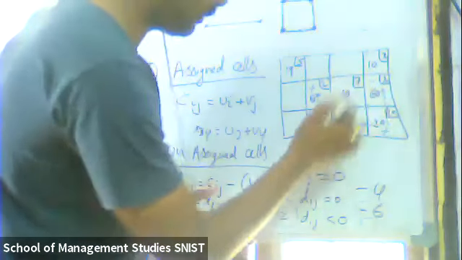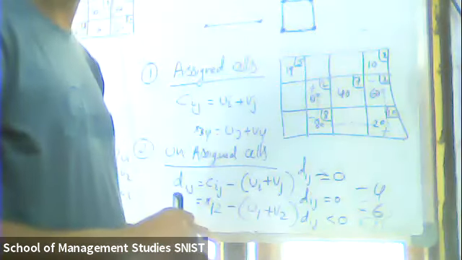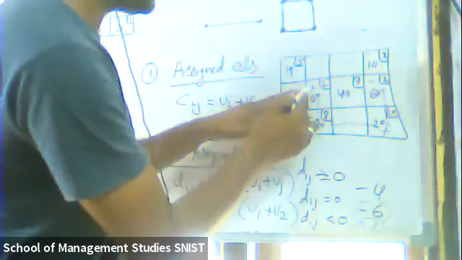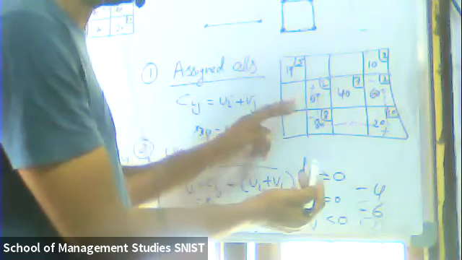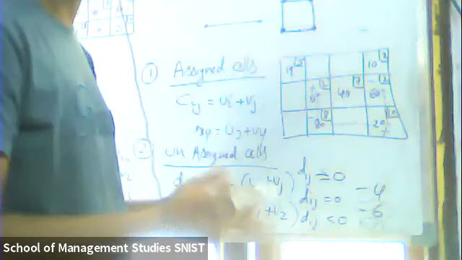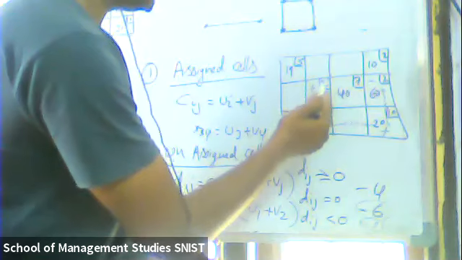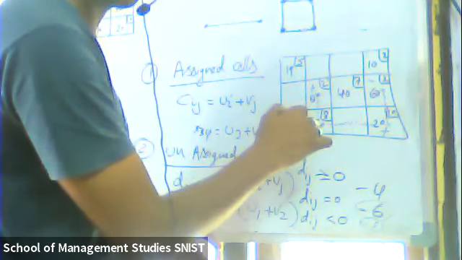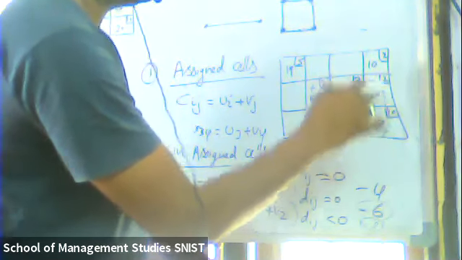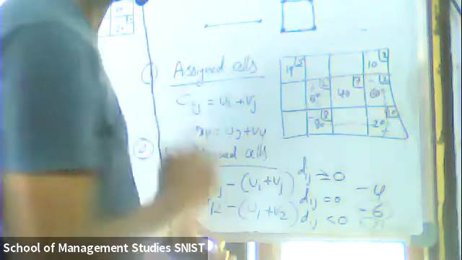In that, which one is the minimum? 2 is the minimum. So if it is a plus symbol, add that value. If it is a minus symbol, subtract that value. That's it. Because theta is plus 2, this is minus, it becomes 8 minus 2, 6, it becomes 10 plus 2, it becomes 2 minus 2, 0.